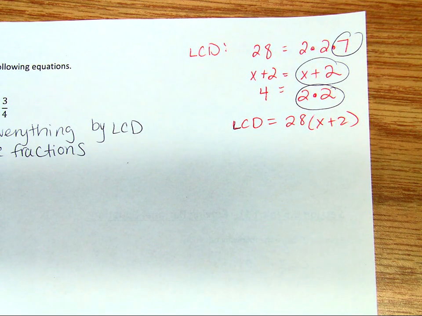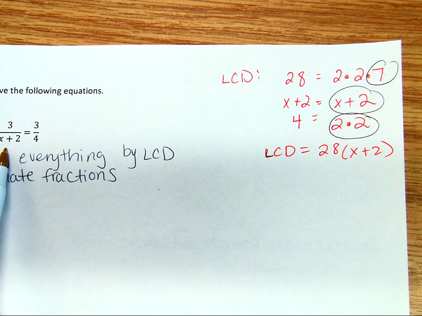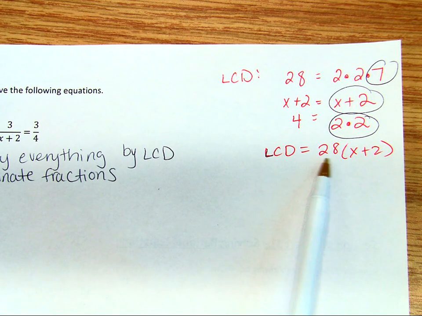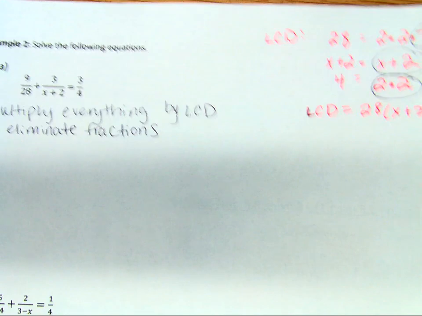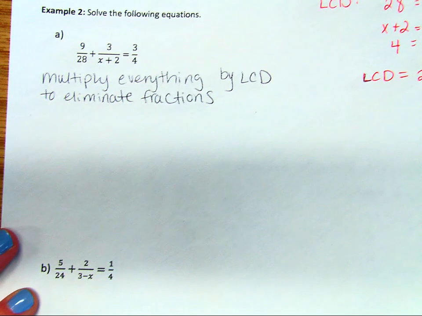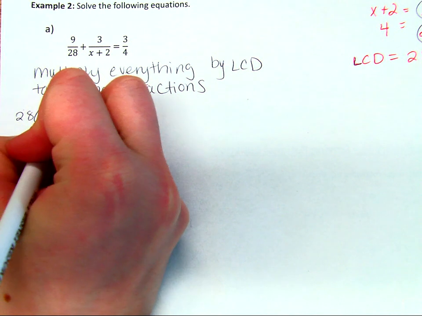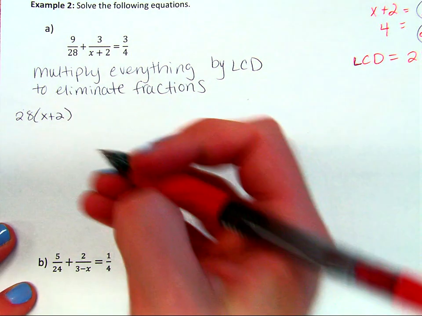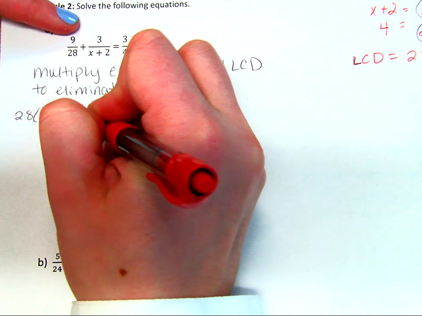Okay, so if I take my equation here and multiply everything by the least common denominator, that's going to eliminate my fractions. So I'm going to take 28 times x plus 2, and then I'm going to multiply that with the original left side of my equation.